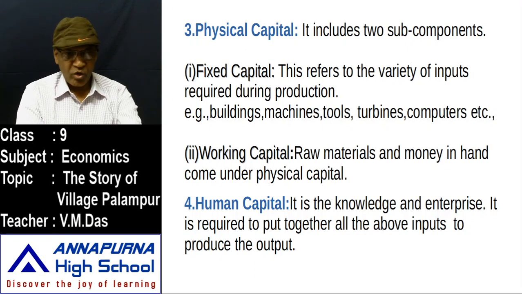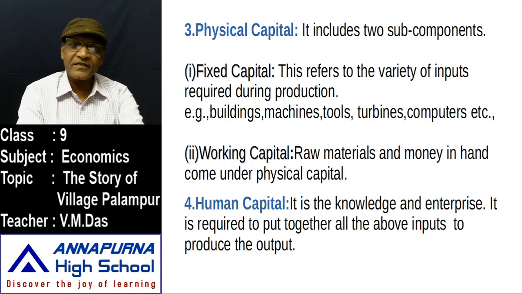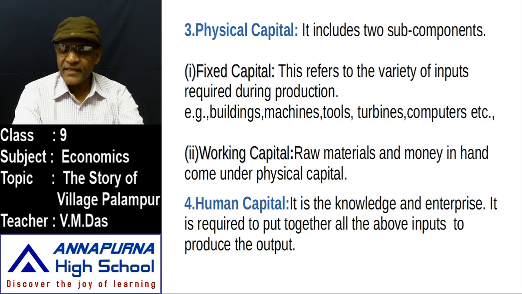We know that in the production of goods, we need different types of raw materials. Suppose, for example, one wants to start a cement industry, they need raw material. Which raw material is widely used in the cement industry? It is limestone.